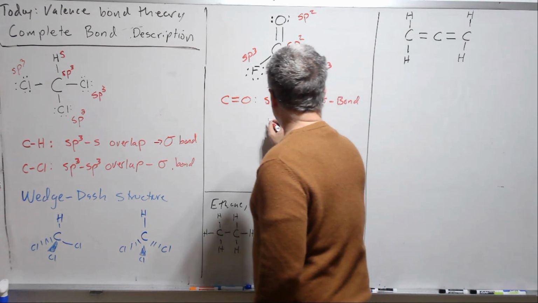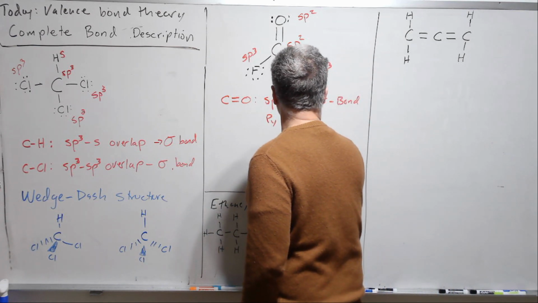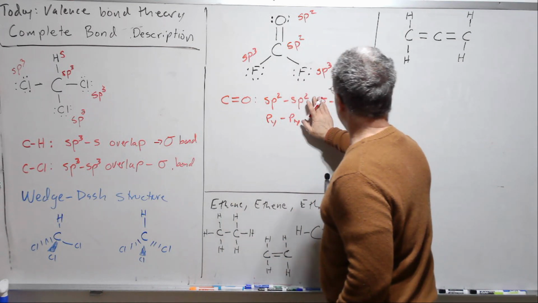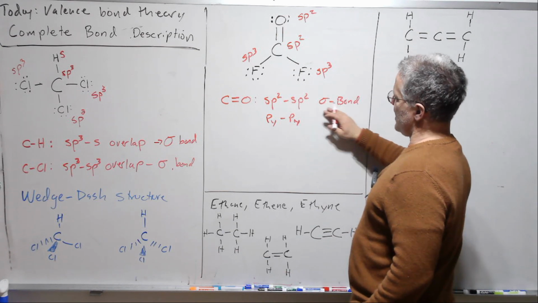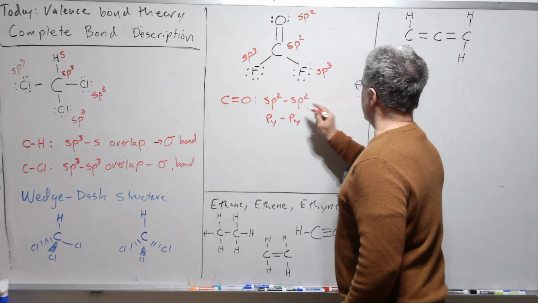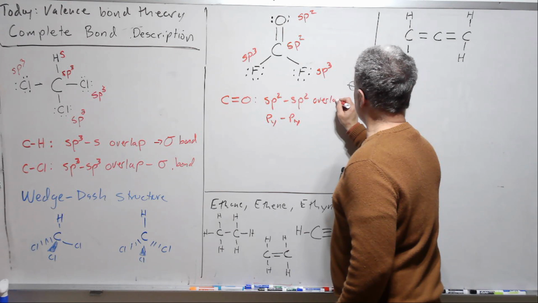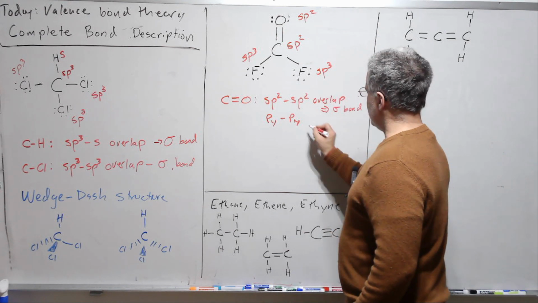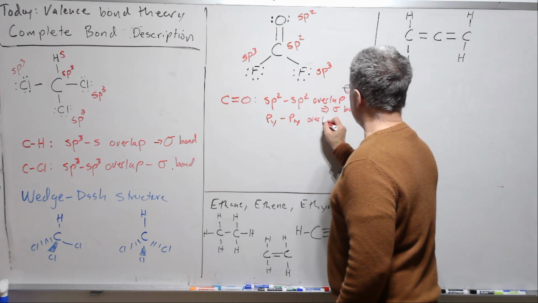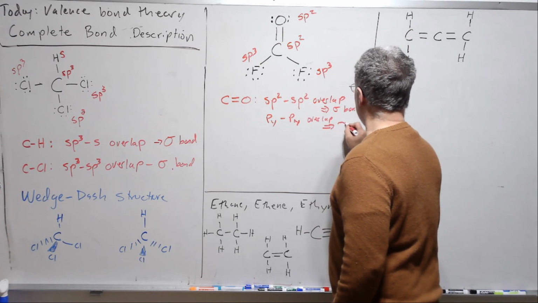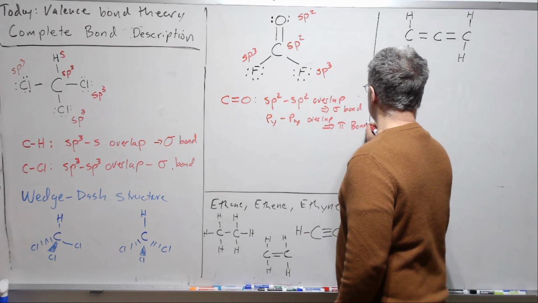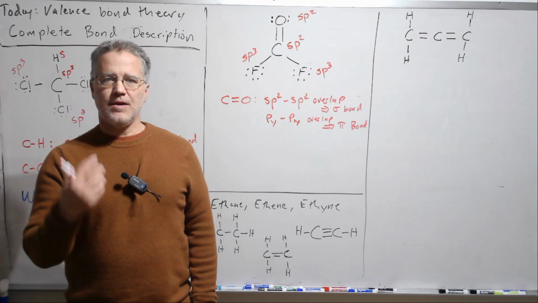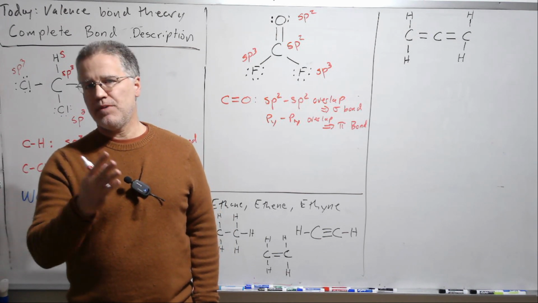And so we will get a py overlap. I shorthanded this. This is fine if you write it like this. Let's be more explicit. This overlap results in a sigma bond. And then this is py overlap, and that results in a pi bond. And together they form the double bond. So a double bond is a sigma bond and a pi bond.